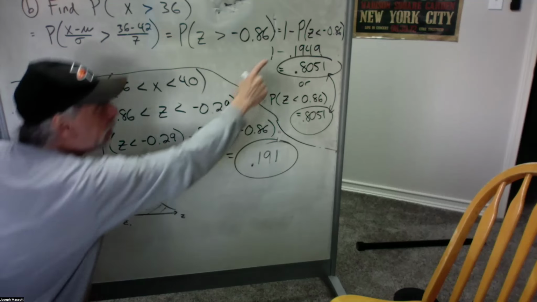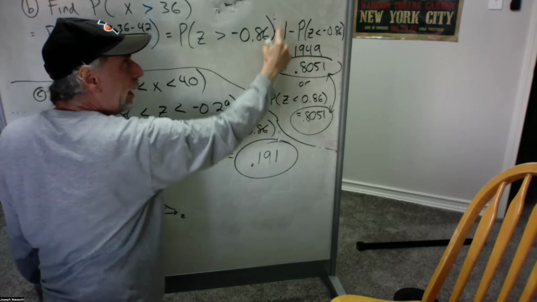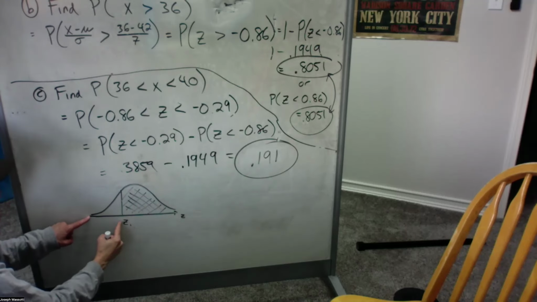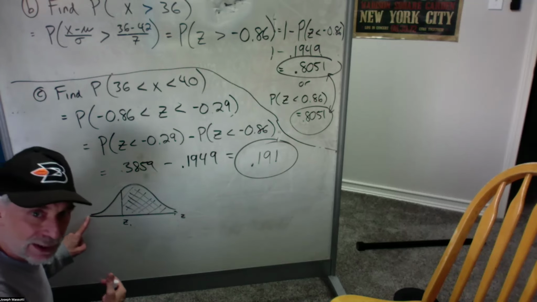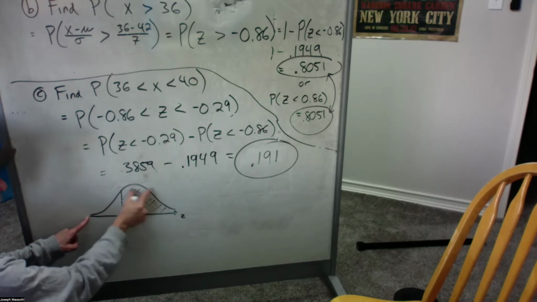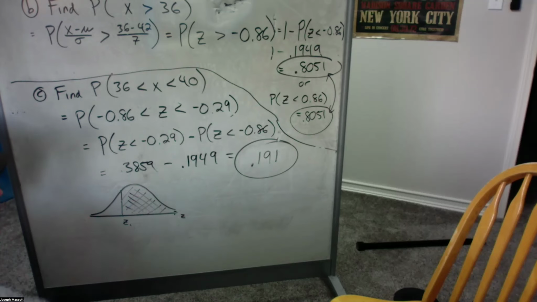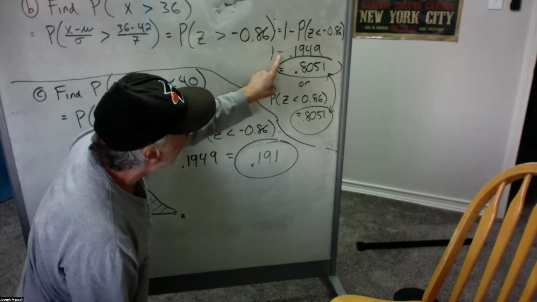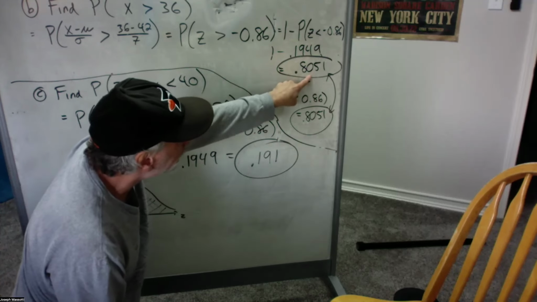All right, so that's what we were doing here. Taking the total area of 1, total curve, and subtracting off the probability less than the number, because that's the way the table is set up, and that leaves us with the area that we want. All right, so that's the complement approach. 1 minus the complement gives us our answer.